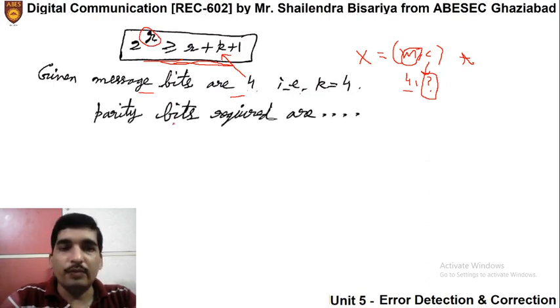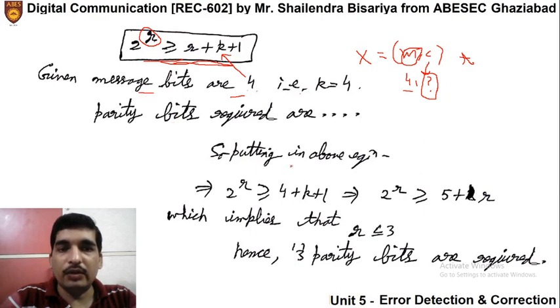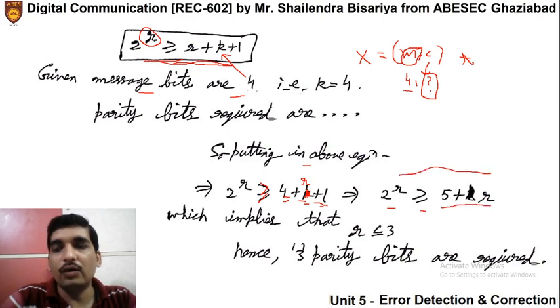Sorry, k is 4, so I should write 4 plus r plus 1. So 2 to the power r is greater than or equal to 4 plus r plus 1, that means 2 to the power r is greater than or equal to 5 plus r. Now we have to find the value of r which satisfies this equation.